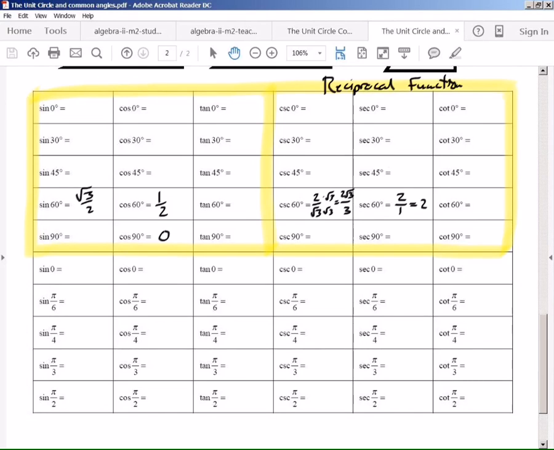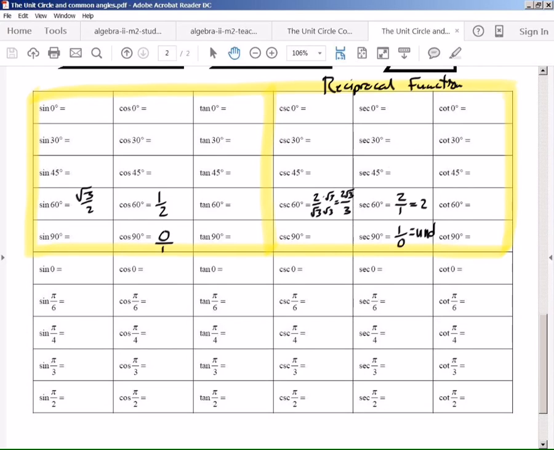It'd be 1 over 0. And what is 1 over 0 equal to? No. We can never, ever, ever divide by zero. So this is undefined. So secant of 90 degrees is actually undefined.